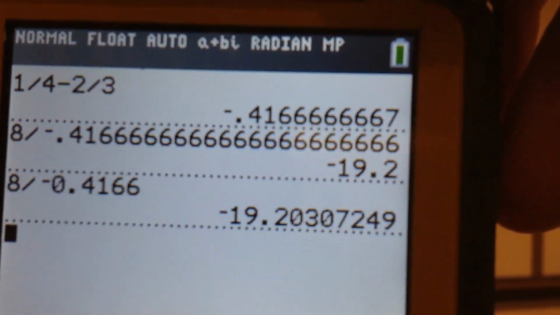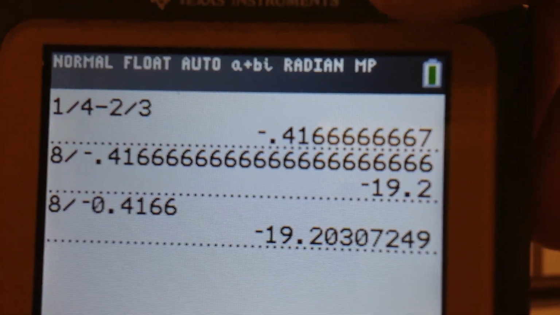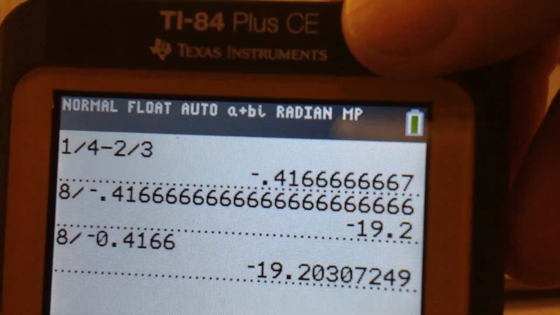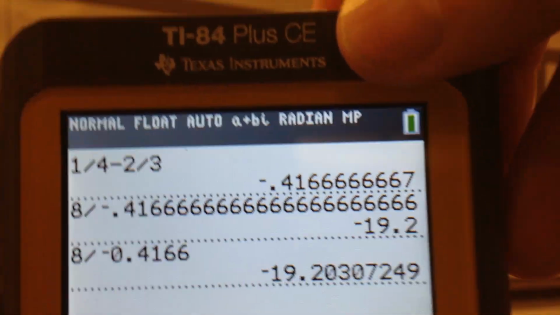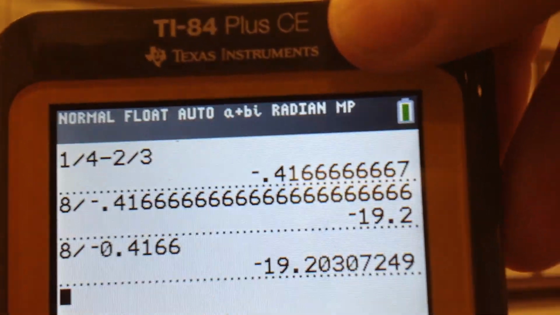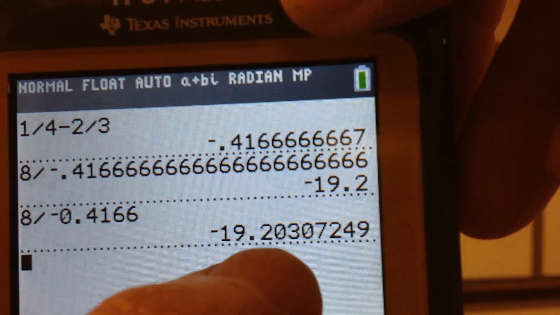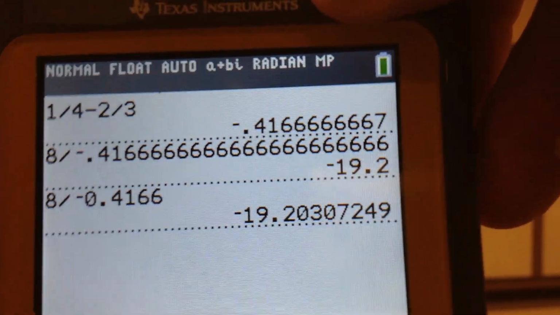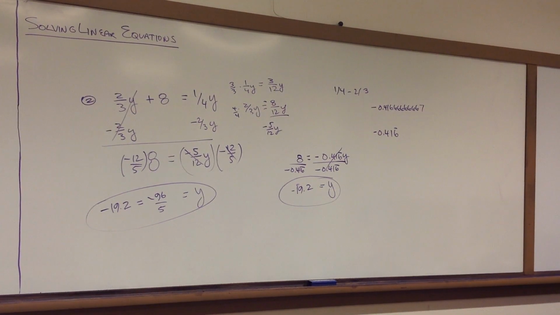You can see it comes out a little bit off. Okay? So here's the thing. If your rounding is bad on the number that you enter, then you should know that you're going to have to round this answer off. The more 6s you put in there, the closer to 19.2 your answer is going to get.